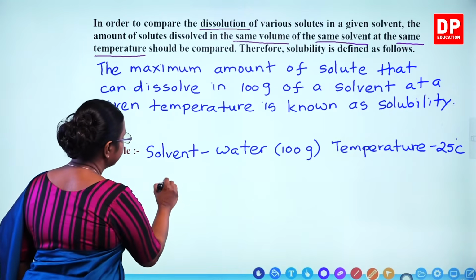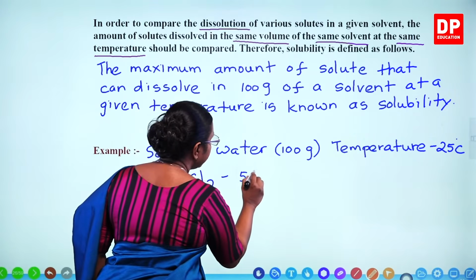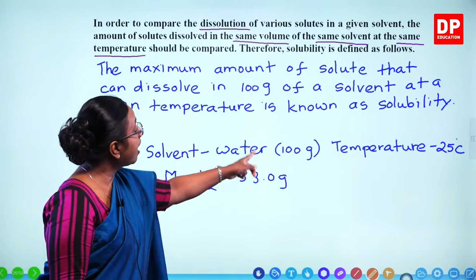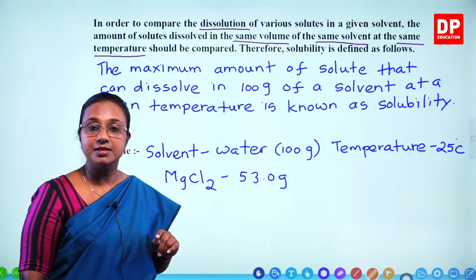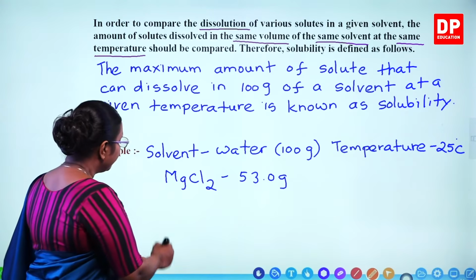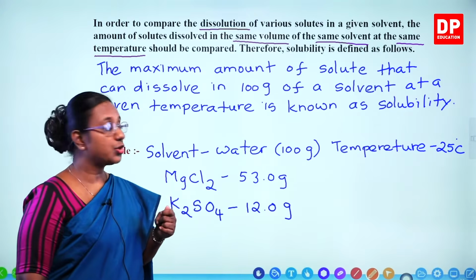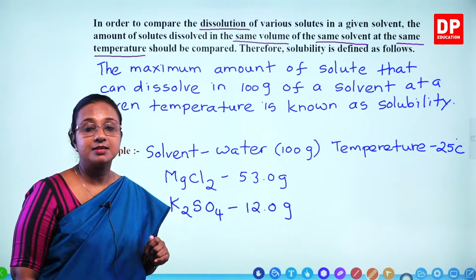One is magnesium chloride. 53 grams of magnesium chloride will dissolve in 100 grams of water at 25 degrees Celsius. If we take another solute, potassium sulfate, that is K2SO4, only 12 grams of potassium sulfate will dissolve in 100 grams of water at 25 degrees Celsius.